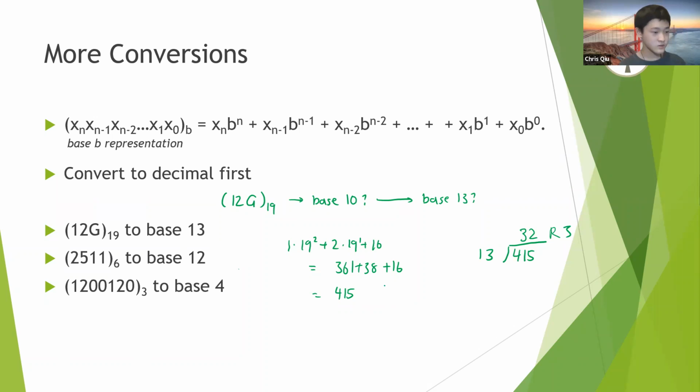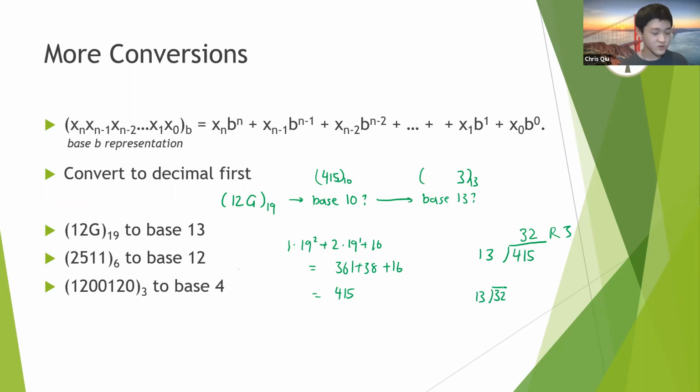So our last digit will be 3. So let's write this. 415 in base 10, and in base 13, our last digit will be 3. And so what we're left with is 32, which is our quotient.